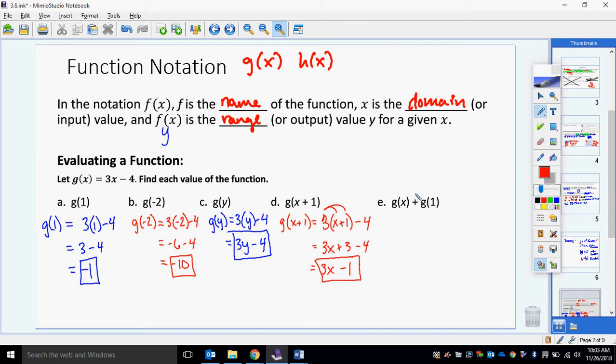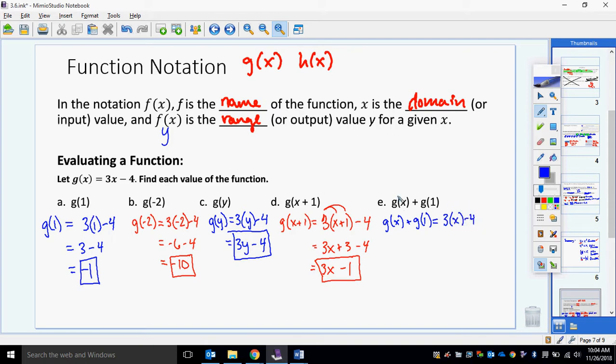Now this one is saying, hey, find g of x and add it with g of 1. So that's two different things, and then we're adding them together. It's two different functions. So g of x plus g of 1. Let's figure out what that equals. Well, it's saying first plug in x.